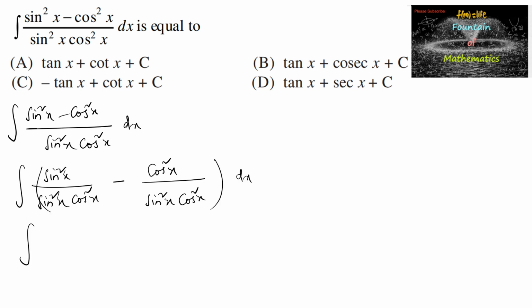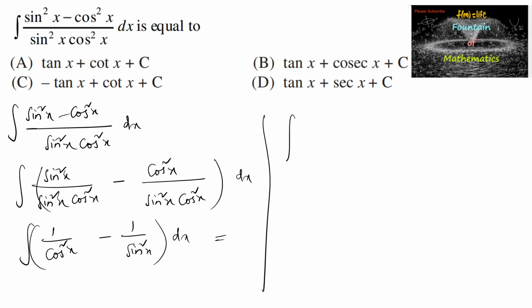So we can write here 1 upon cos square x minus 1 upon sine square x dx, which is equal to integral secant square x minus cosecant square x dx.